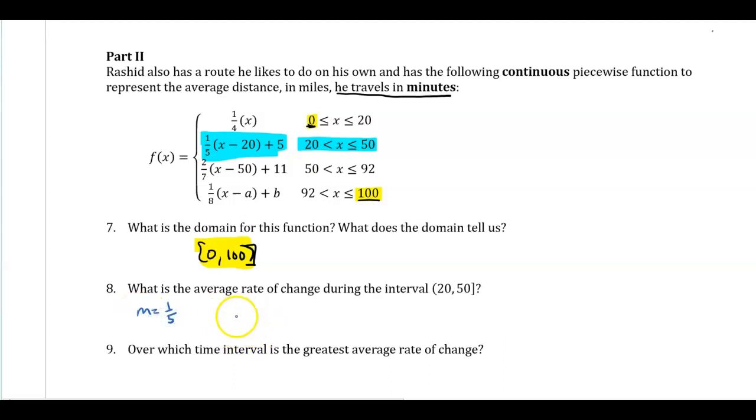Okay, which means, right, he travels 1 mile every 5 minutes. Okay? Over which time interval is the greatest rate of change? Well, what's the greatest slope here? Best thing to do is to convert these all to decimals. Right? 1/4 is 0.25.